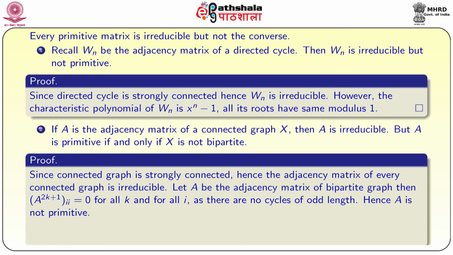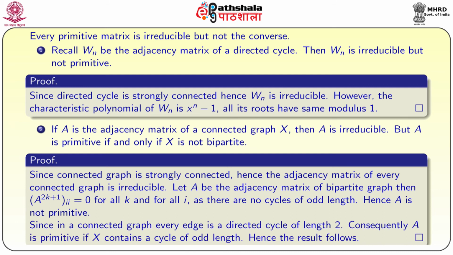We know that a graph is bipartite if and only if there are no cycles of odd length. So, consequently, the diagonal elements in A power 2k plus 1 are 0 for all k. Hence A is not primitive. Since in a connected graph every edge is a directed cycle of length 2, consequently A is primitive if X contains a cycle of odd length, hence the result follows.